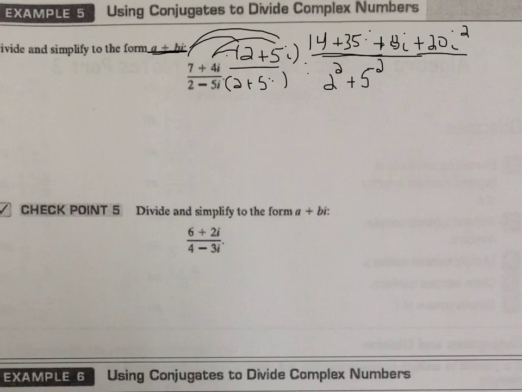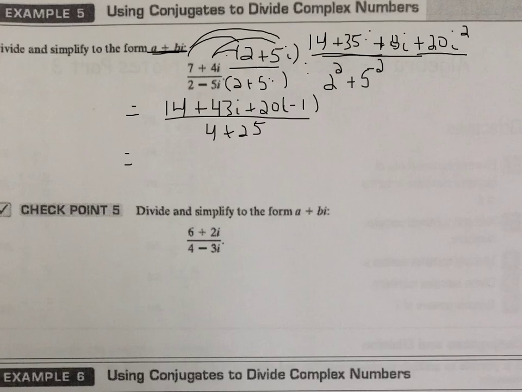And if we simplify, we can combine the 35i and the 8i. So what we're going to get over here would be 14 plus 43i and plus 20. And we can take the i squared and make it a -1, all over 4 plus 25.